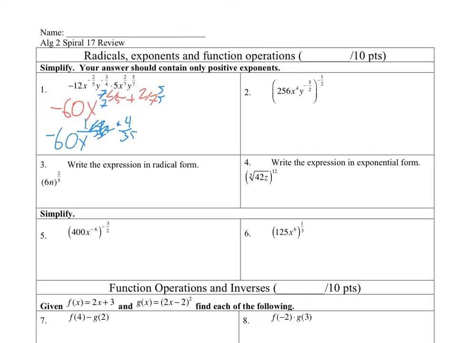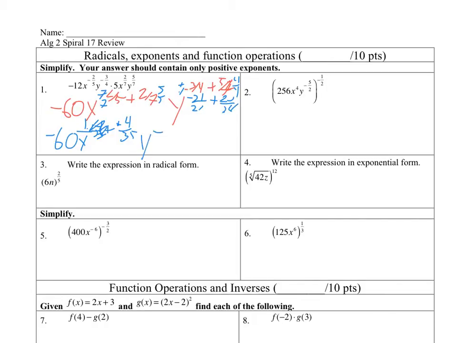Cool. Now let's look at the y's. So we're going to start off with y, negative 3/4 plus 5/7. Going to multiply this by 7 over 7, this one by 4 over 4, and I end up getting negative 21 over 28. And here I'm going to have positive 20 over 28.